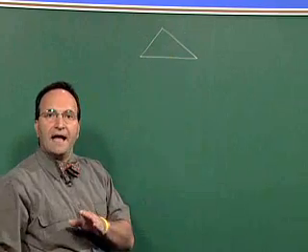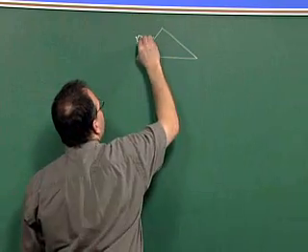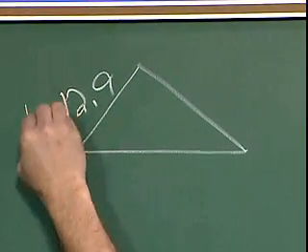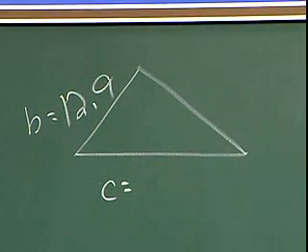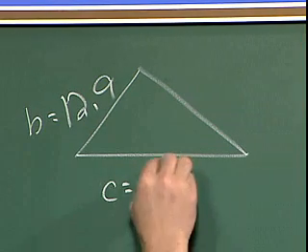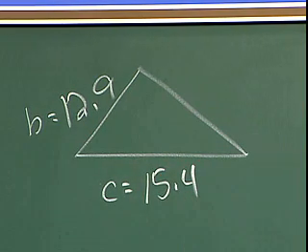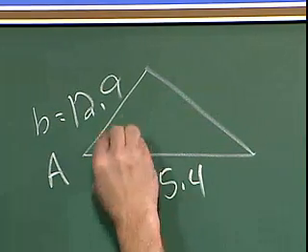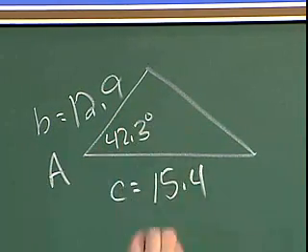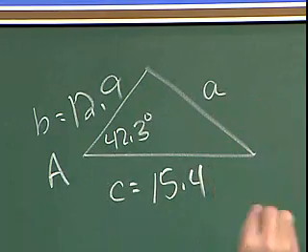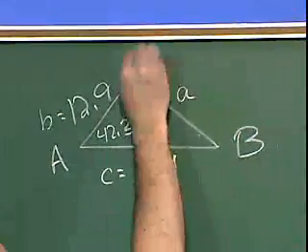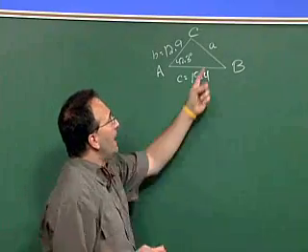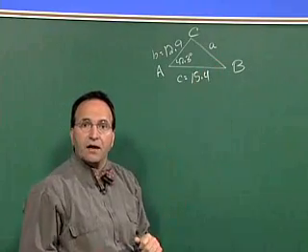What we're given then is information that this is 12.9, and this is B, that C is 15.4, and that angle A, which is this measure, is 42.3 degrees. So we need little side A, we need angle B, and angle C. So we can find A by using the law of cosines.